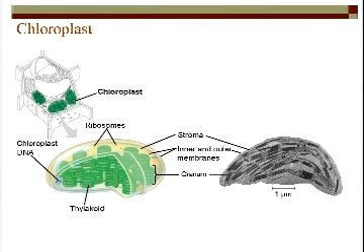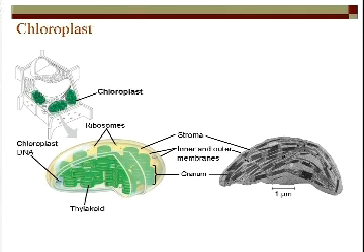These chloroplasts are arranged differently than the mitochondrion. The chloroplasts have an outer membrane, and they have an inner membrane with an intermembrane space, which is very similar. However, their functional units occur within that inner membrane. They have inside there little discs known as thylakoids.